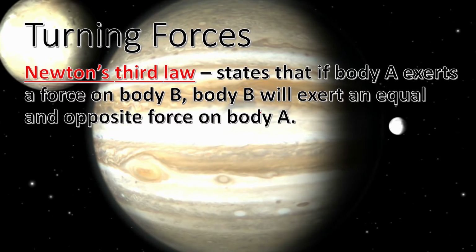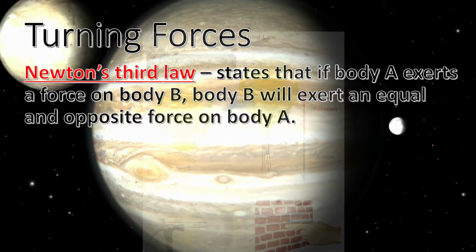And then we need to understand Newton's third law, and it states that if body A exerts a force on body B, then body B will exert an equal and opposite force on body A. The other statement for this is: for every action there will always be an equal and opposite reaction.